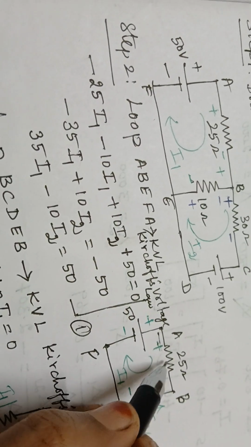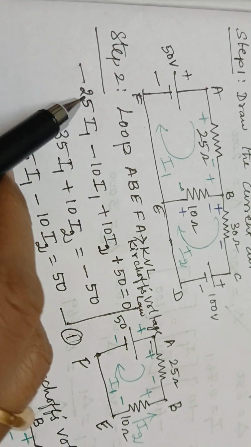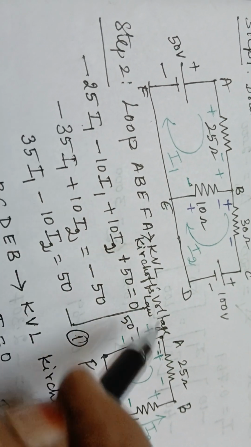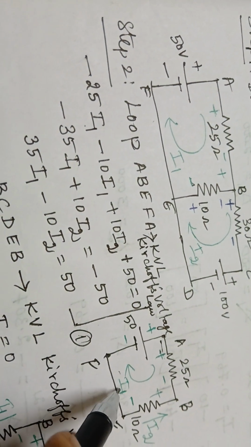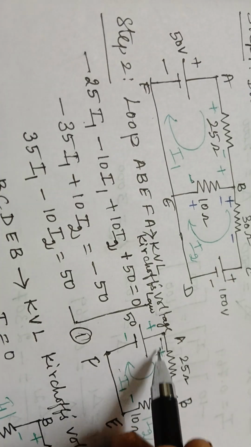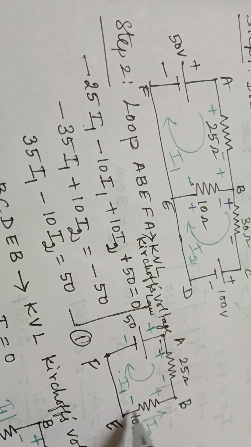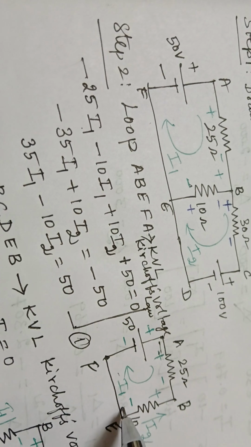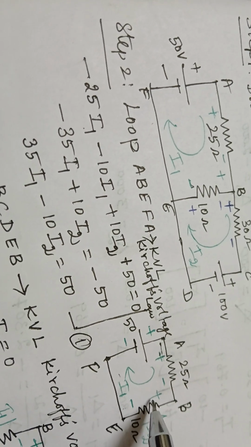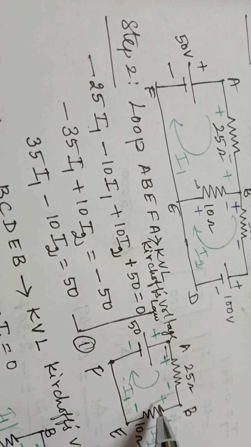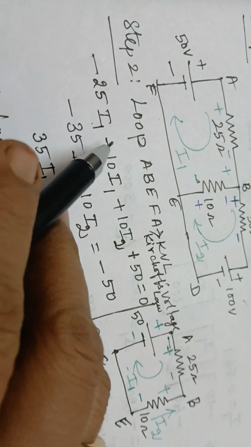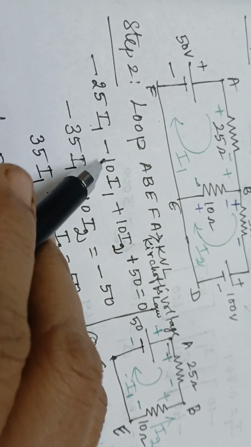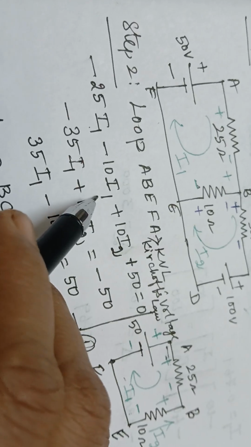So here we are writing it as minus 25 I1. The current assumed here is I1, and next it enters into this 10 ohm resistance, positive, negative. When it enters the positive, it is minus, so it is a potential drop: minus 10 into I1.